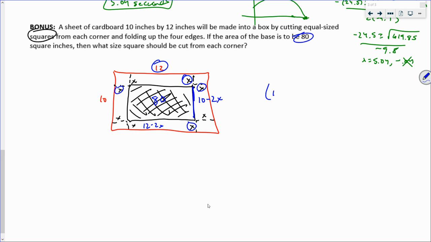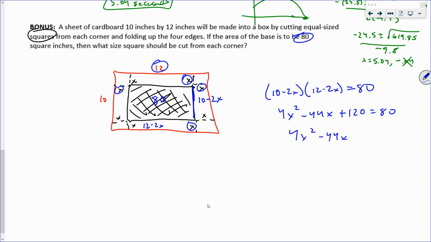So what we do is something like 10 minus 2x times 12 minus 2x equals 80. Multiply that whole bad boy out. You end up with something like 4x squared minus 44x plus 120 equals 80. Can't do any of our solving methods until we get it equal to 0. I think I can actually factor this, right?